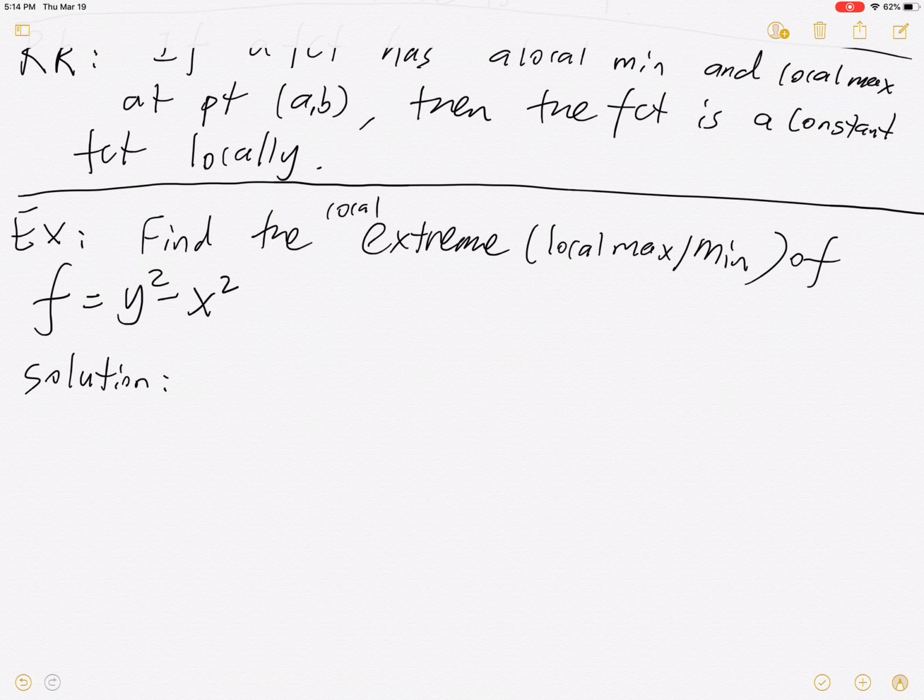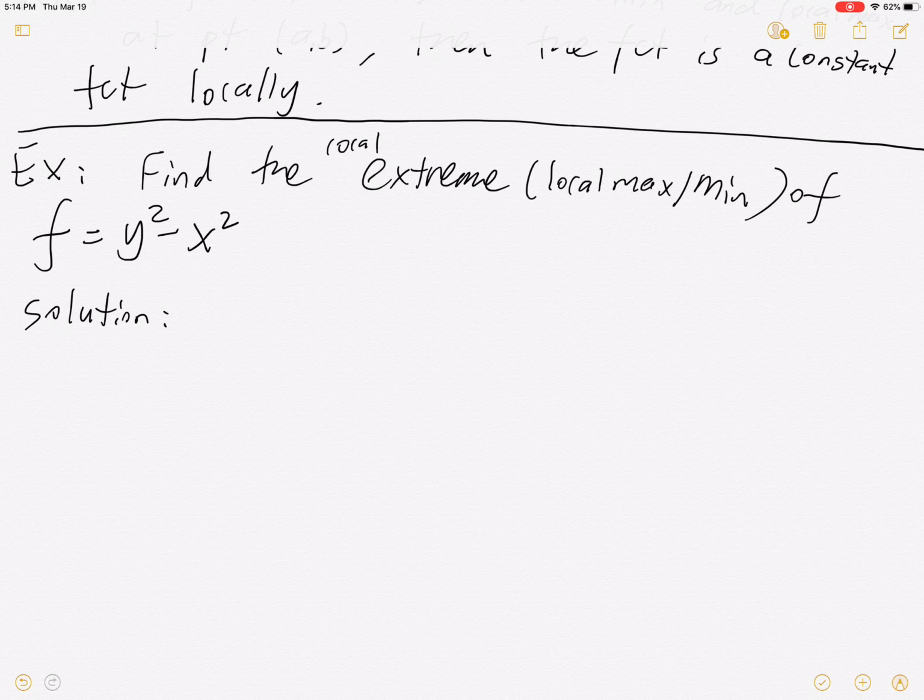According to the theorem, we will look for the local maximum and the minimum within the set of critical points. So first, let's solve the critical points.